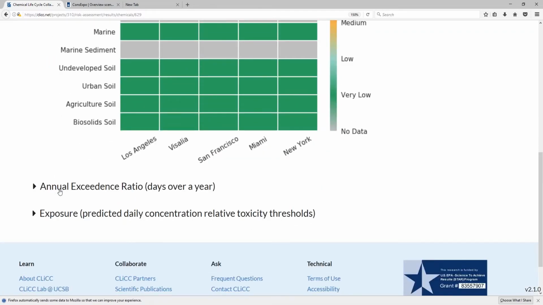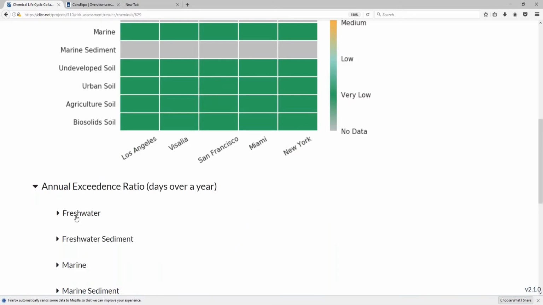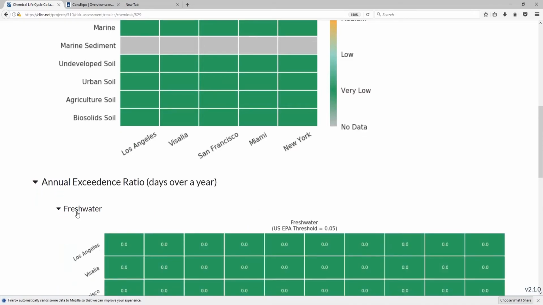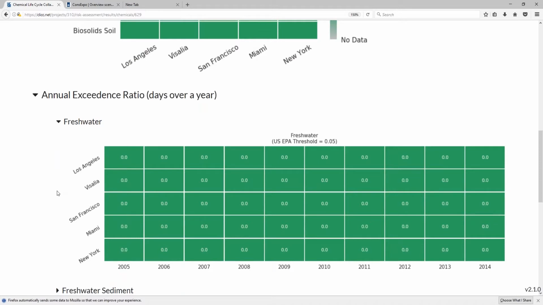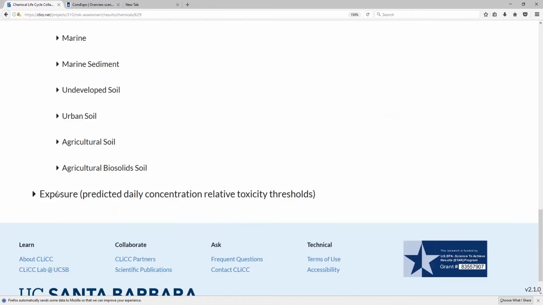Then we can also show, if there's an exceedance, what the exceedance would be. Of course, because these are all below, we don't have anything exceeding it. Sometimes we'll see some of these go up, and we'll see it in the other example. They go up by the threshold that EPA has set for that.